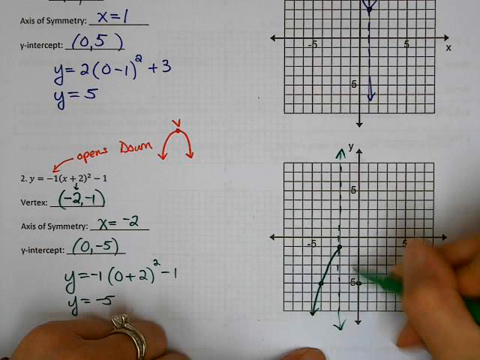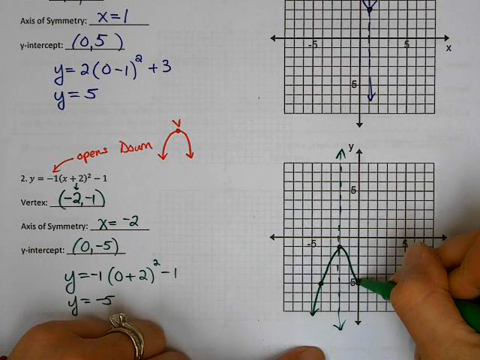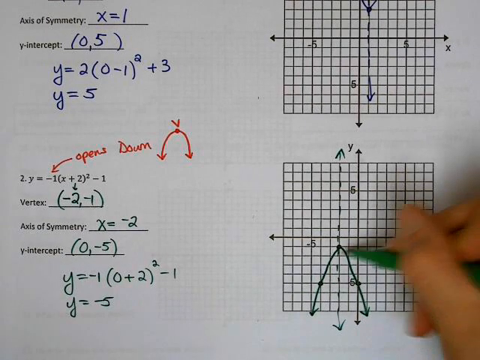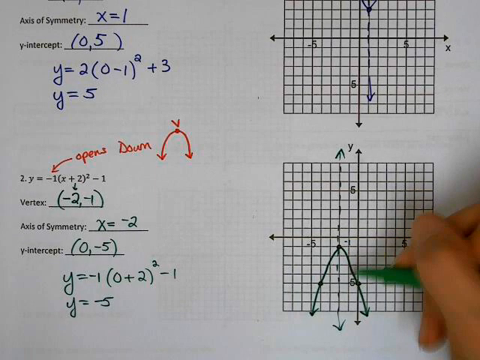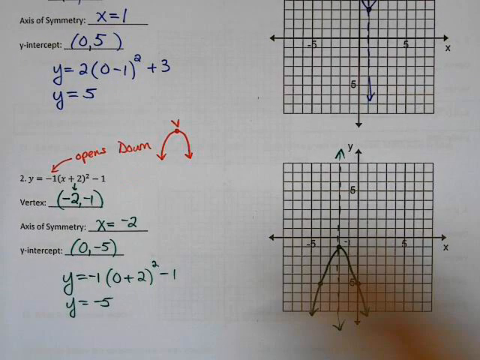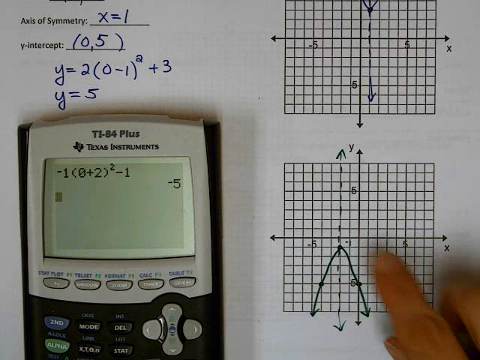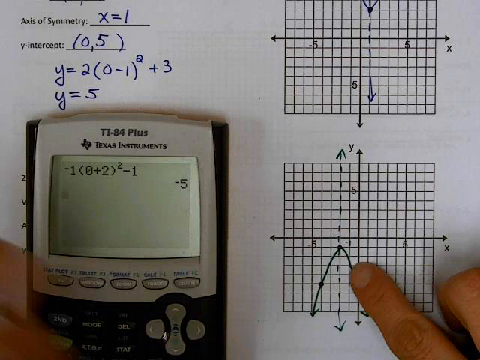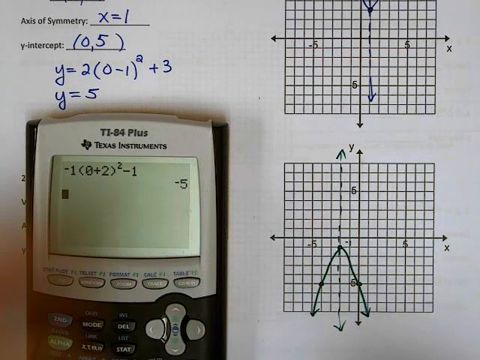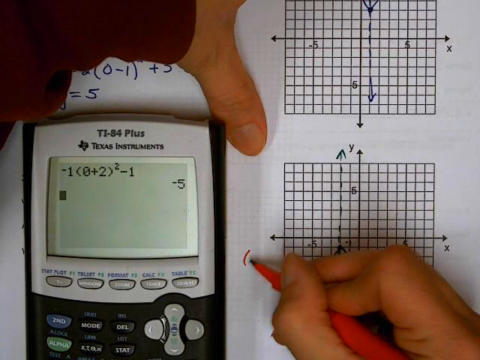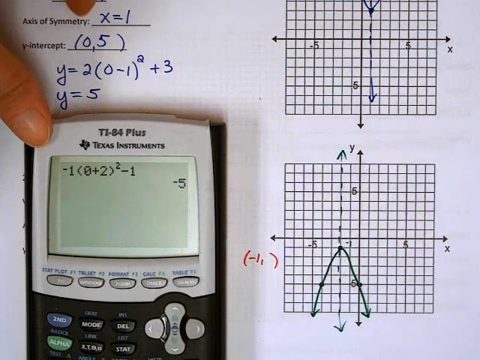Let me show you guys a couple things too that we should probably get pretty good at. What about the value -1? I know that there's a point somewhere. So sometimes what people do is they try to be a little better with their graphing. They get curious: what if I plugged in -1 into the equation?